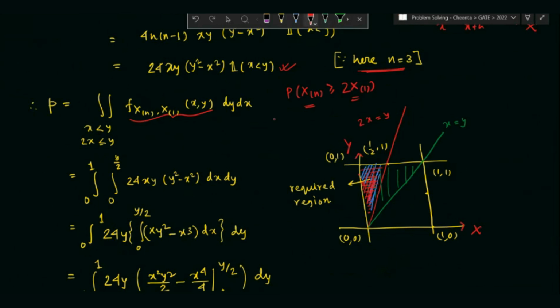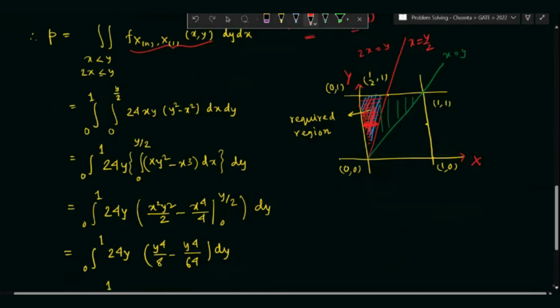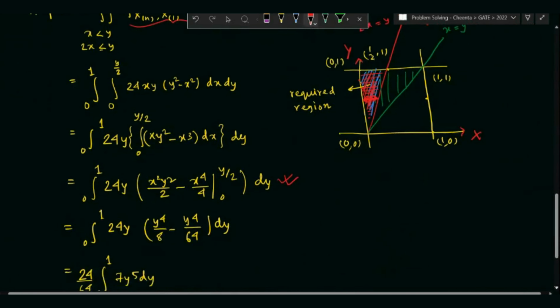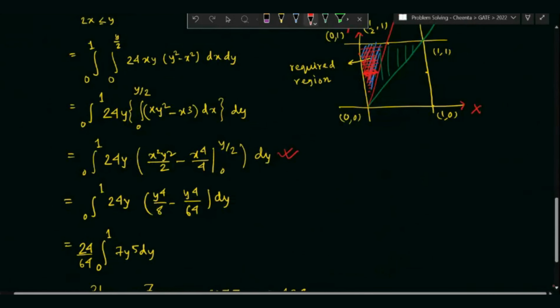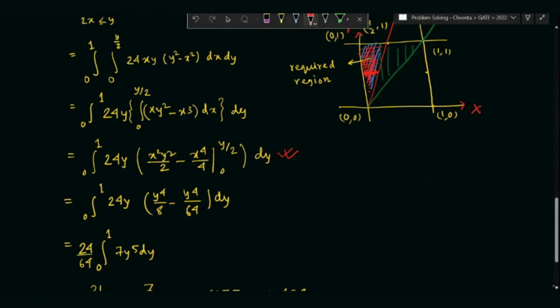Now the required region is coming out to be this part. Hence x lies between 0 and y by 2. This is the line x equal to y by 2. So x lies between 0 and y by 2 and y is from 0 to 1. So integrating the PDF in the range, check the calculation here, we get the integral from 0 to 1 of 24y times (y to the power 4 by 8 minus y to the power 4 by 64) dy, integrating with respect to x.